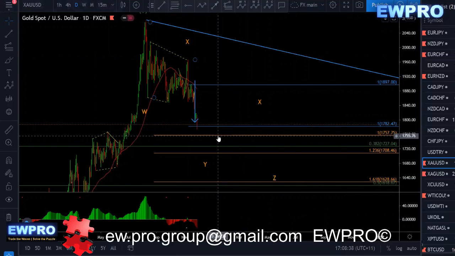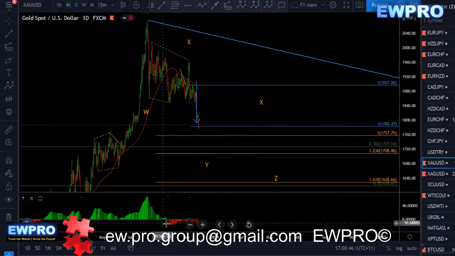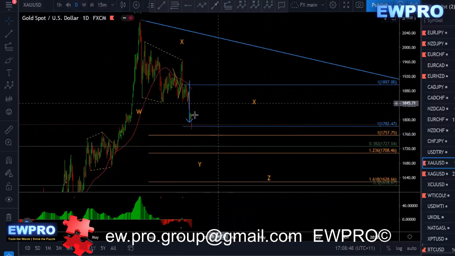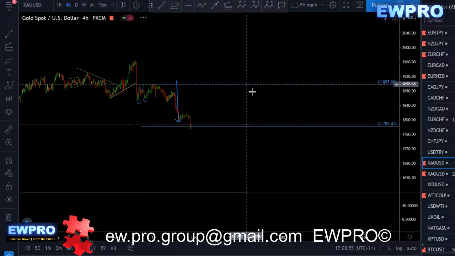But yeah, the 100 fib is around here. So we'll just have to watch these levels to see if we get no bullish divergence. So I dare say we're going to get another X and then a Z down on the daily.